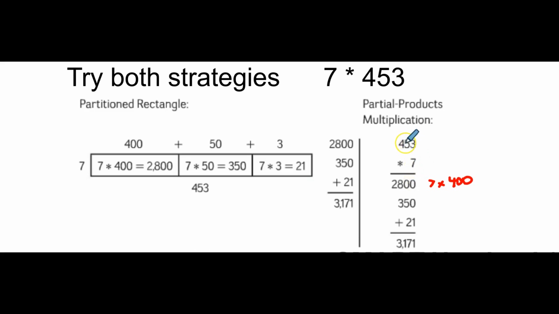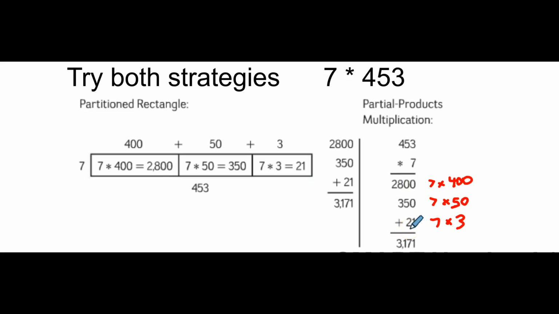Then we did 7 times 50, 350. Then we did 7 times 3, 21. And we add these partial products.